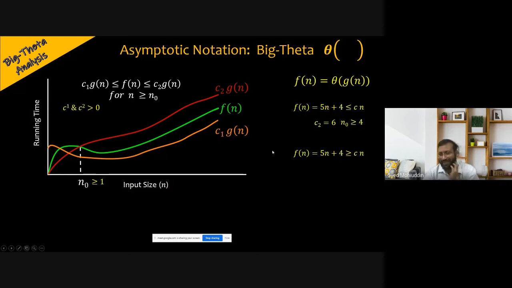As in the previous slide, when c becomes 1, that is c1, n0 should be 1.